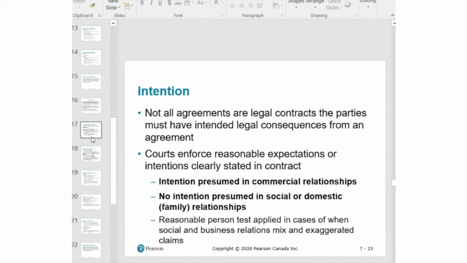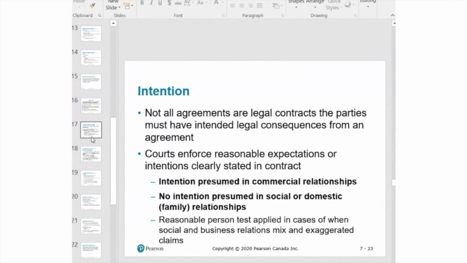So here's the opposite of commercial relationships. What I'm saying here is, if I sell my car to my daughter, it is presumed that there was no intention. And if there was no intention, the contract is void. The contract is not legal, is not valid.